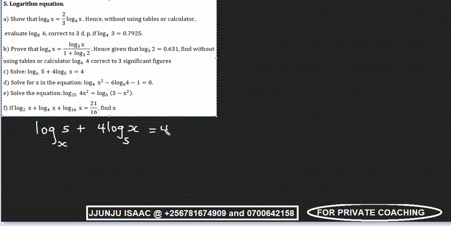Now the question is, we have different bases here. What should we do? Should we create the log base 5, or make this the log base x? Now remember we are solving for x, so we cannot make x the base. Let us get rid of x as the base. Now we can introduce log base 5 here.